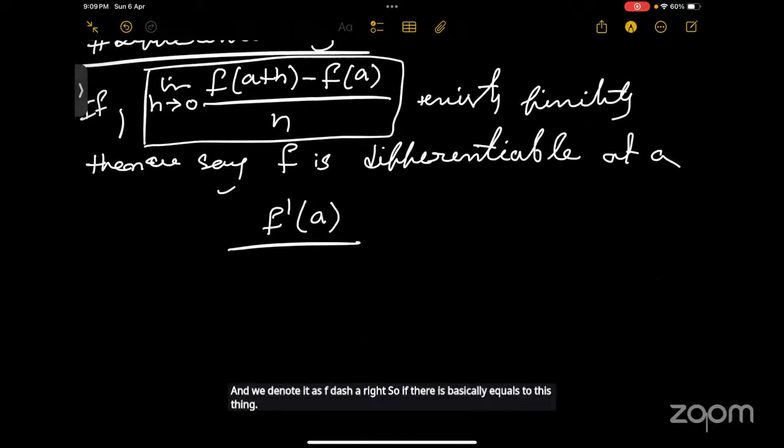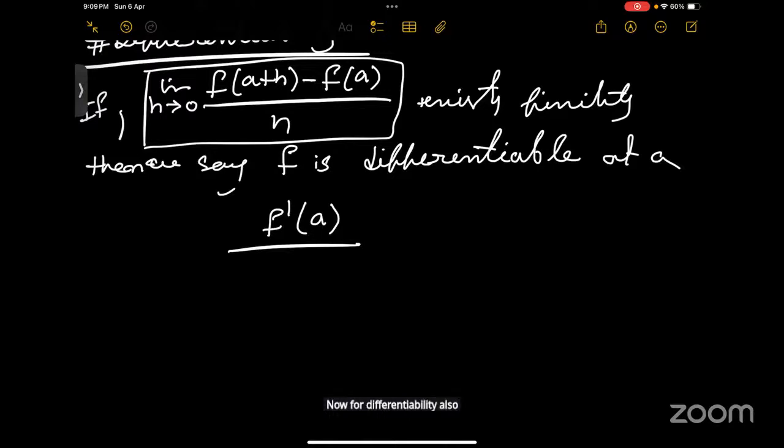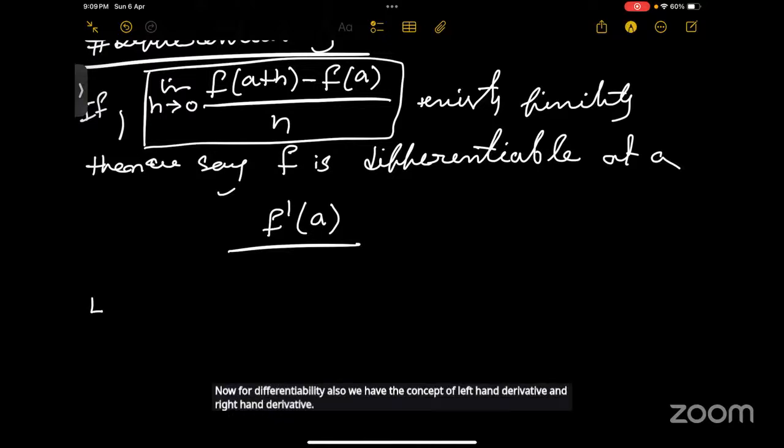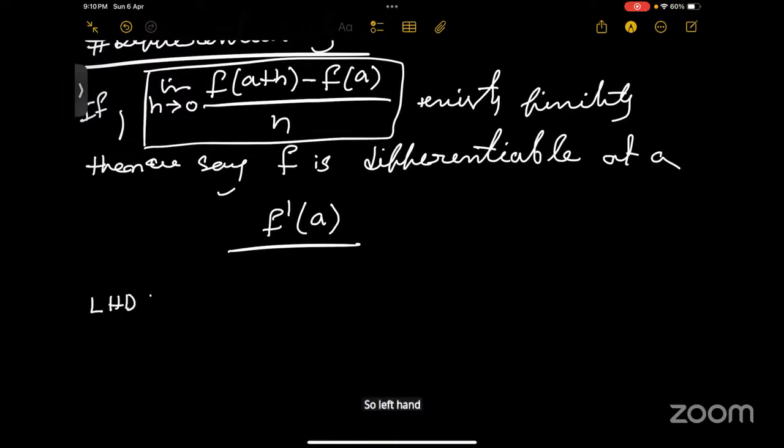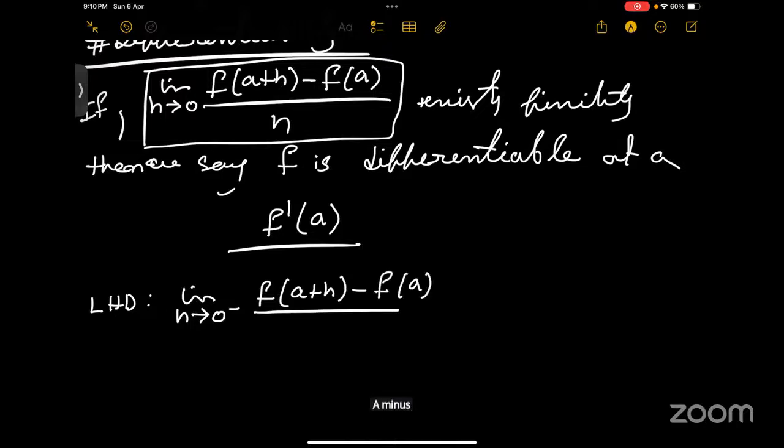Now for differentiability also, we have the concept of left hand derivative and right hand derivative. So left hand derivative is, I will use this notation, a minus h. You can take the minus anywhere. I am taking minus here, that means no need to take minus here.